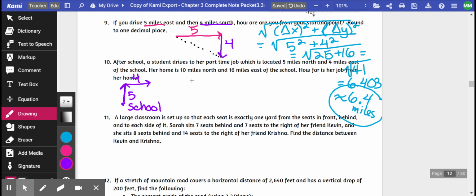So this was from her school to her job. Her home is 10 miles north and 16 miles east from the school.